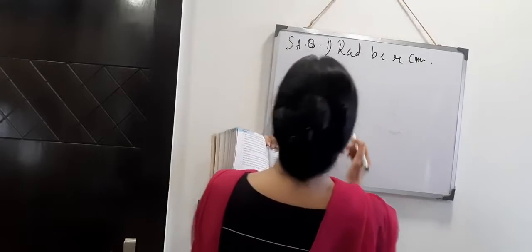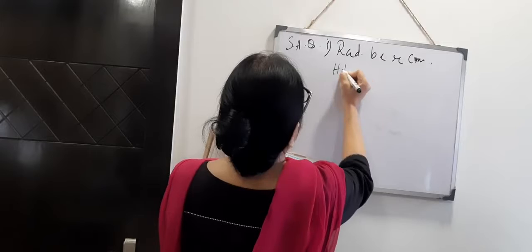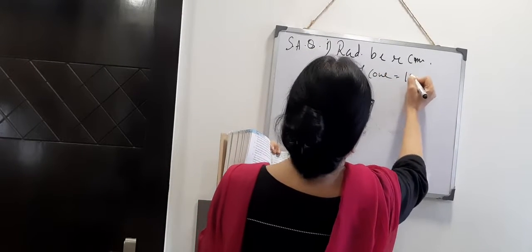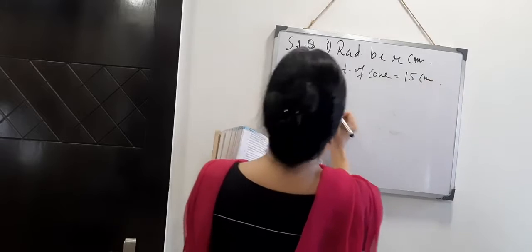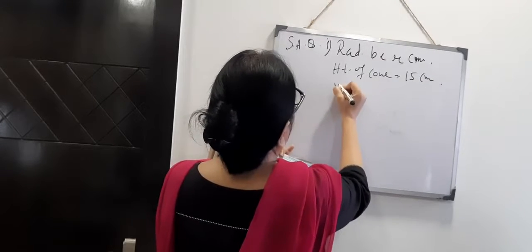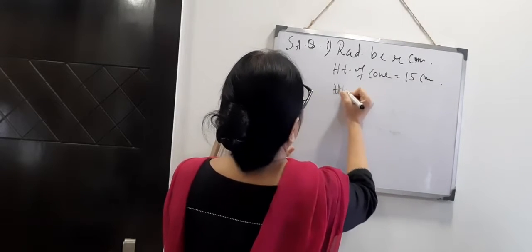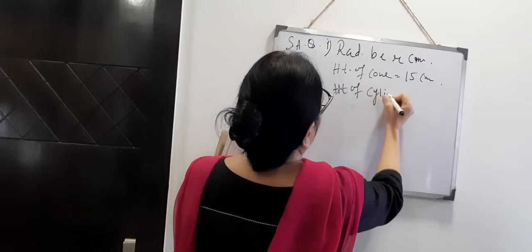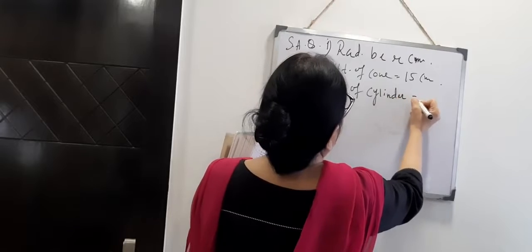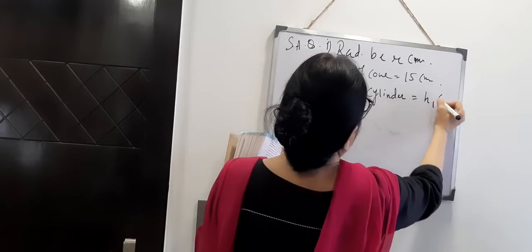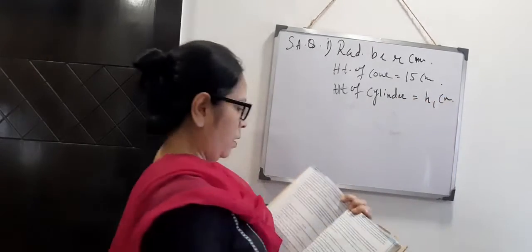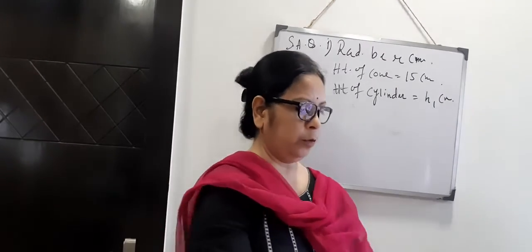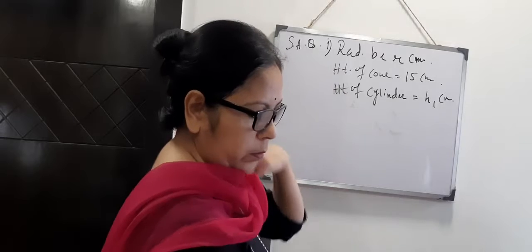Height of cone is given 15 centimeter. You have to calculate height of cylinder. We are considering this H1. So again by melting this term is used, so their volume will be equal.